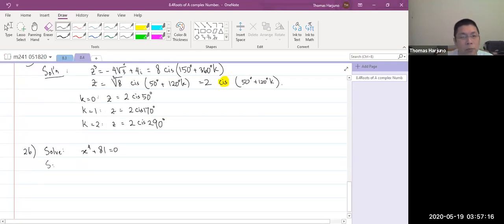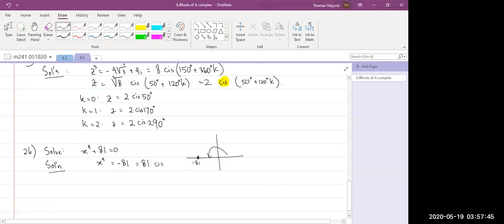Solution: I rewrite it as x to the 4th equals negative 81, and then re-express this in trigonometric form. 81 cis what? What is the angle? 180 degrees.